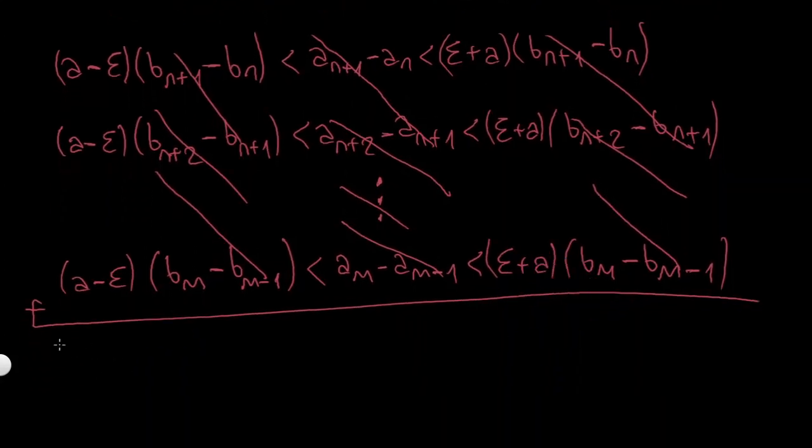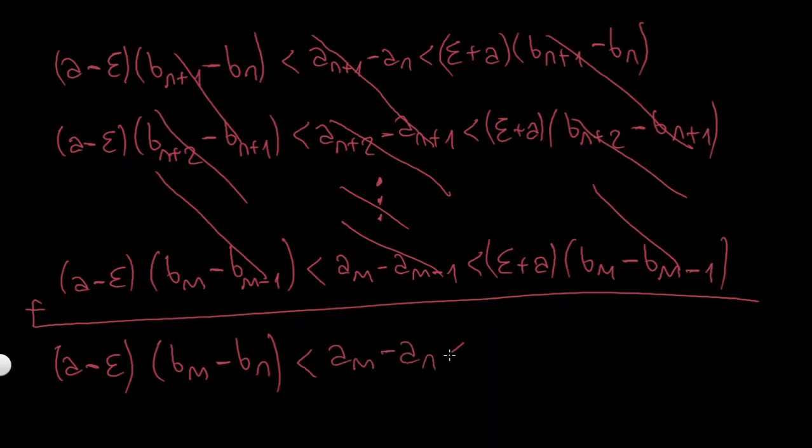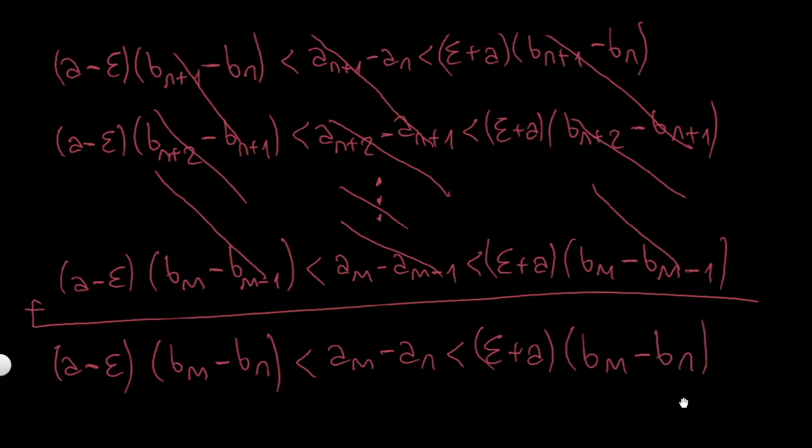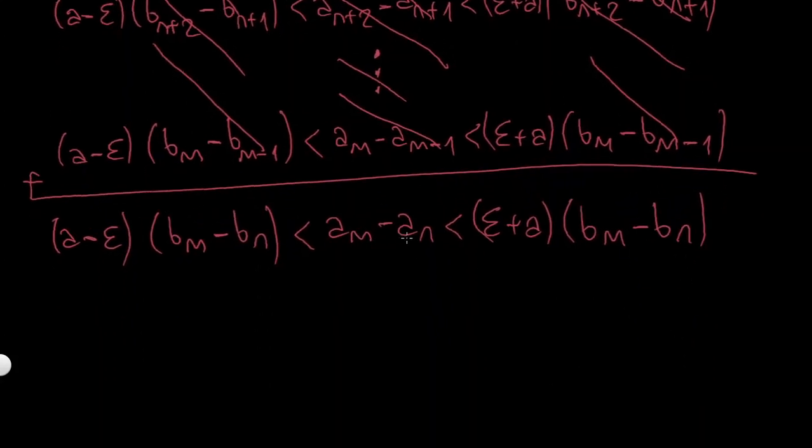So what I will have is a minus epsilon, and I will have only this last term and first term, b_m minus b_n, which is less than a_m minus a_n, which is less than, okay, we're almost done, b_m minus b_n. So I kind of got a bit further from this a_n.